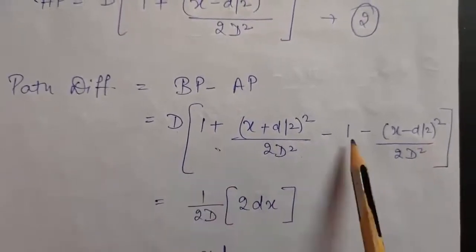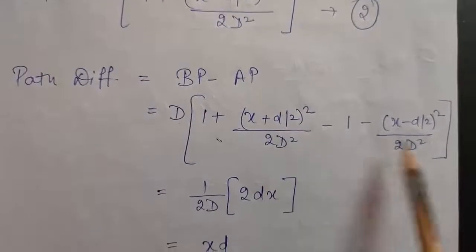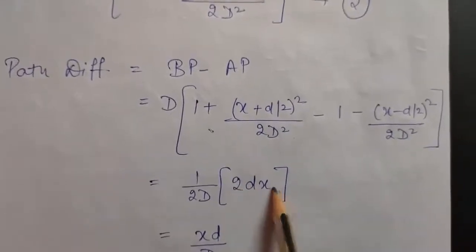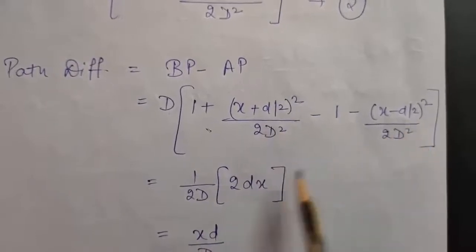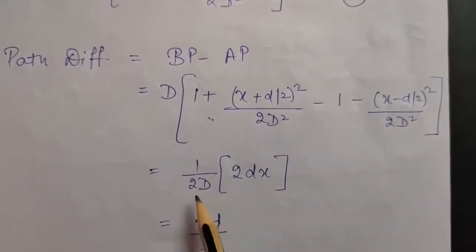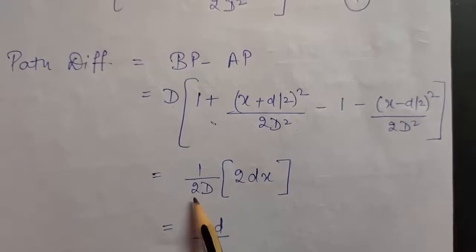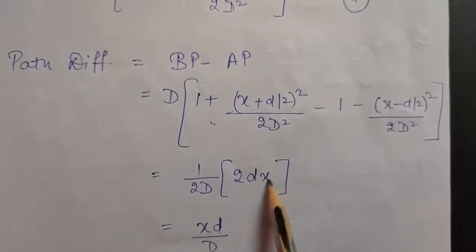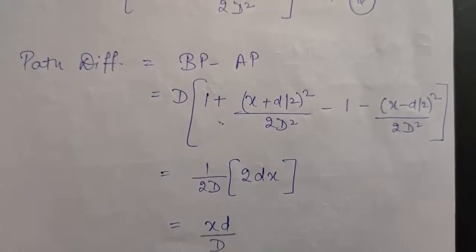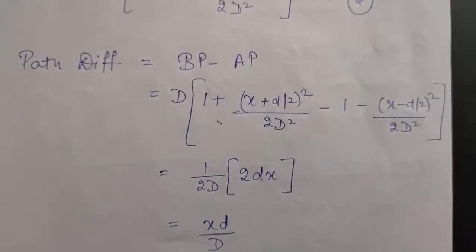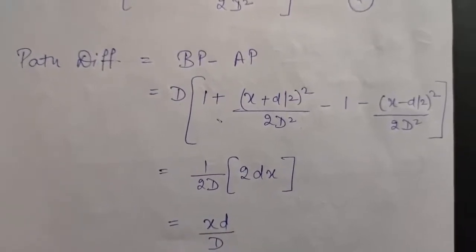So this 1 will cancel out, and when you solve the square terms, you will get 2xd upon 2 into capital D. From here, as you can clearly see, 2 will cancel out. So you will be left with xd upon D. That means this is the general form of path difference between two light waves at P.